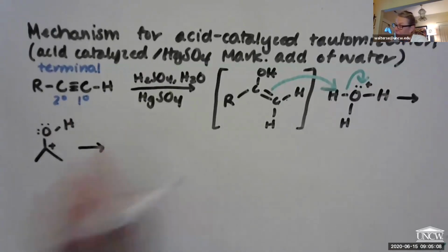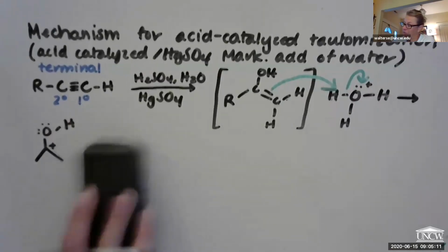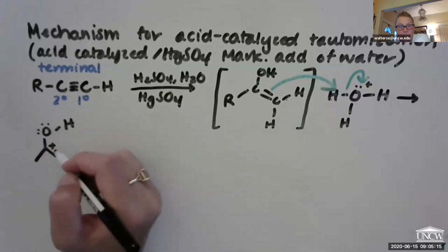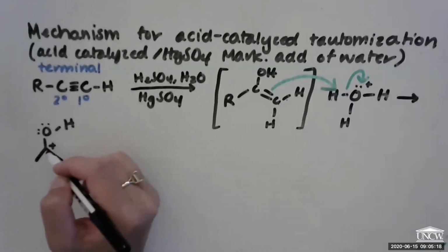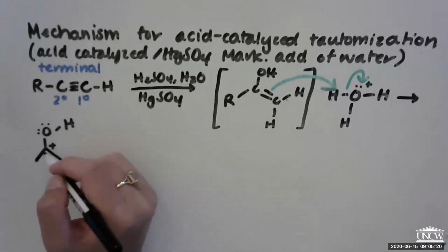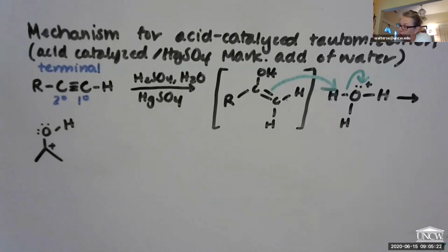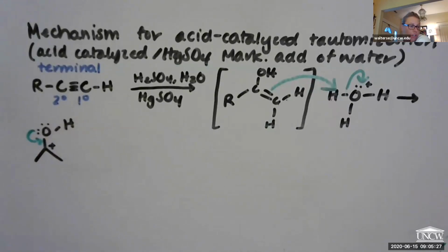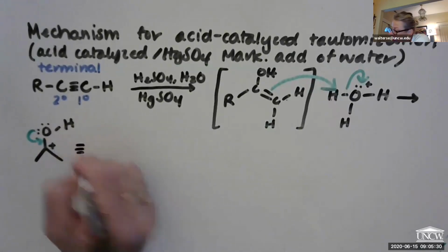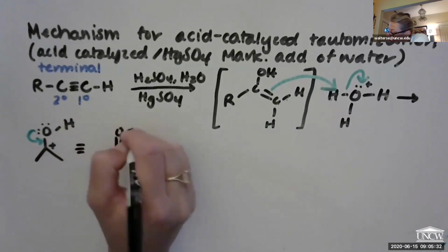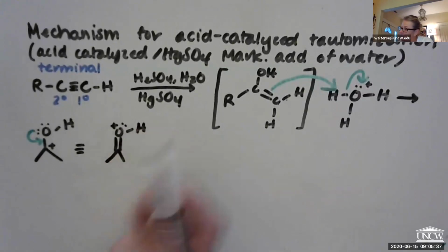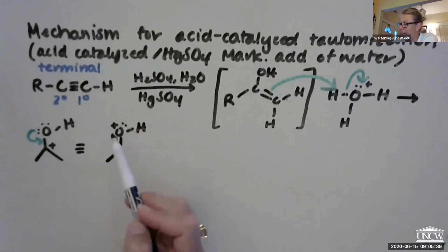Now, if you remember your resonance rules, a resonance structure is going to be more stable when all of the atoms have an octet, or a stronger contributor. So this structure does have resonance with this structure. Now, it does seem like it would be better to have a carbocation than an oxygen with a plus charge.